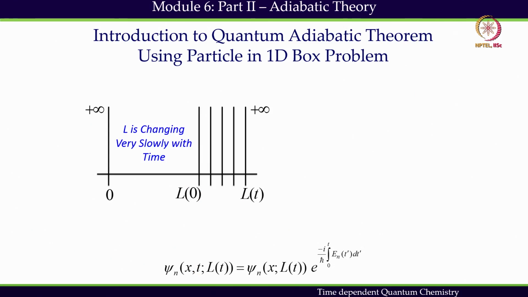Now, here we may assume that the adiabatic process of slow temporal change of the length L of the box is turned on. So the assumption is that the process of adiabatic change is turned on at t equals 0.